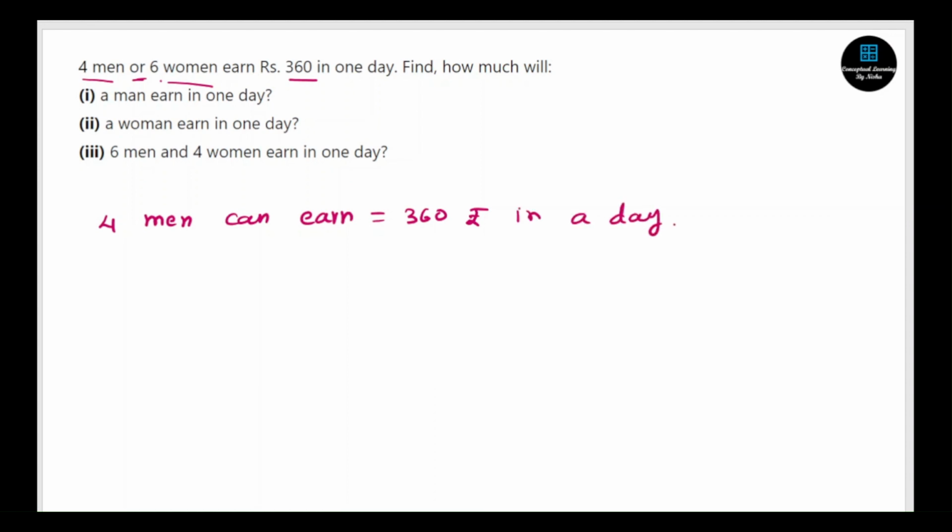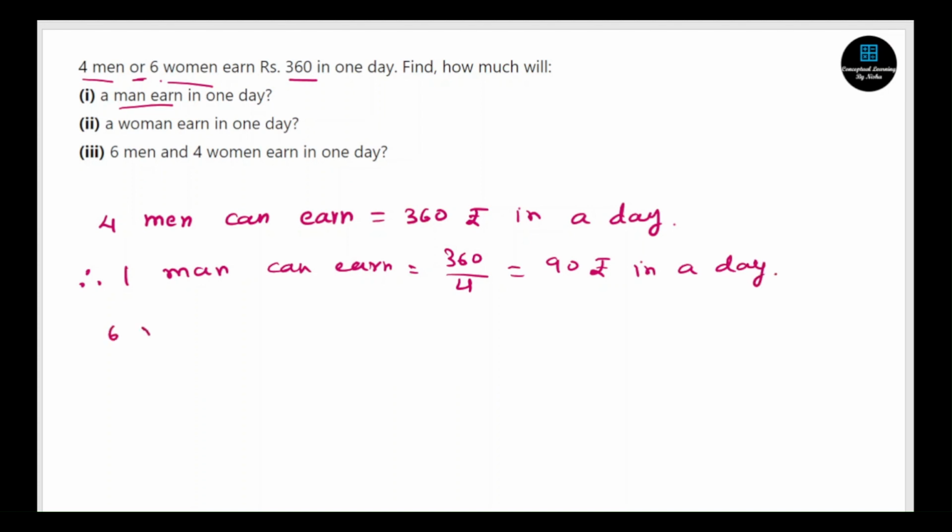Therefore, they are asking for 1 man. So 1 man, avoid the grammatical mistake also, 1 man can earn 360 divided by 4, right, which is 90 rupees per day. Correct. Same thing for women.